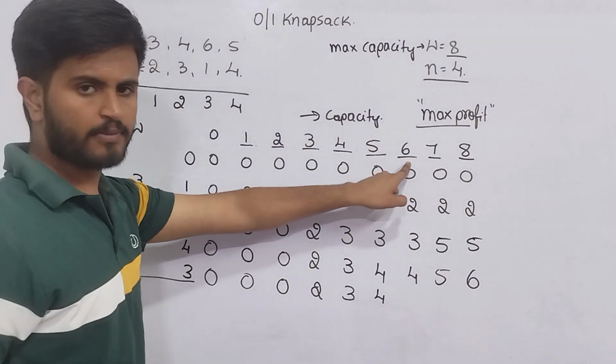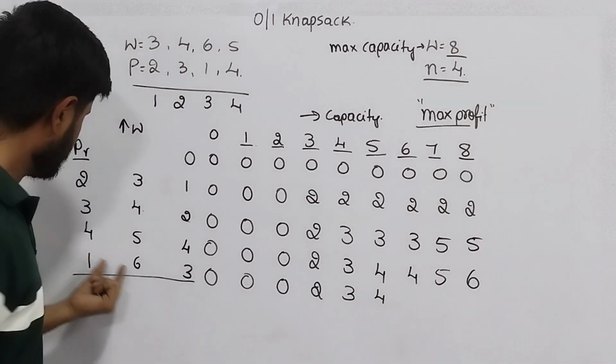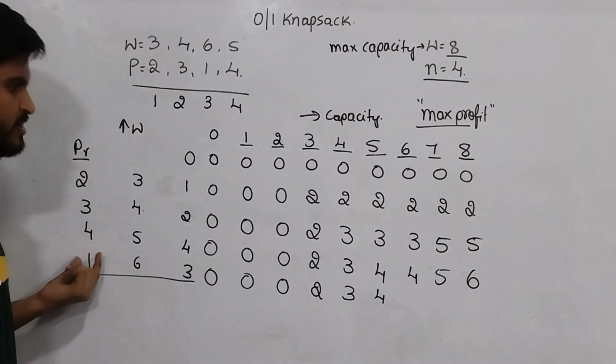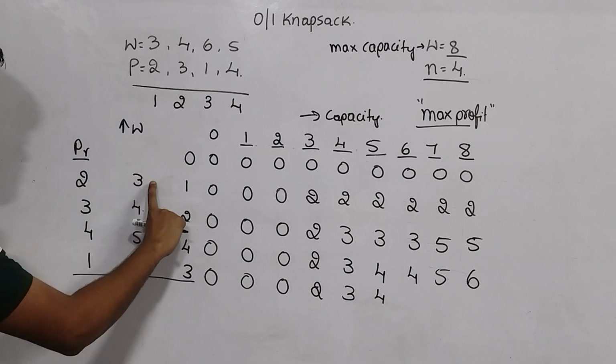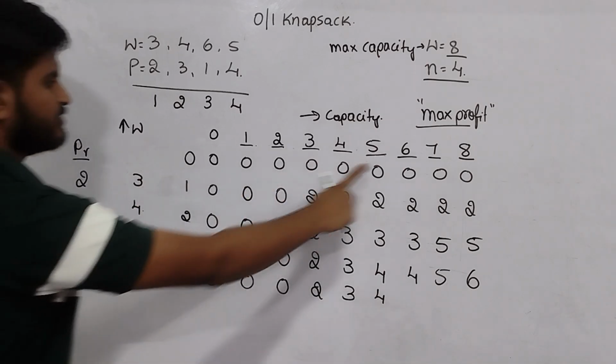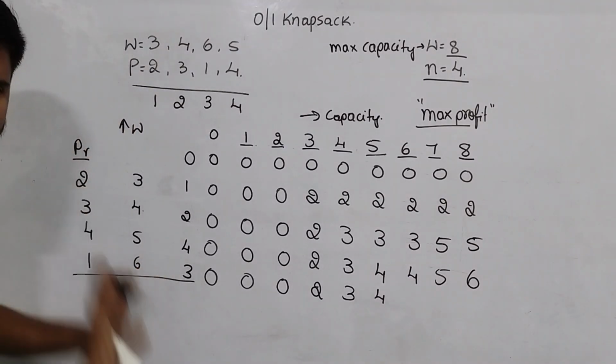In the 6th capacity you can fill the third item with weight of 6. But if you see, the profit is 1. In the 6th capacity you can also fill the first item, second item, fourth item because their weight values are less than or equal to 6. And you can also fill the third item, that is all 4 items you can fill.